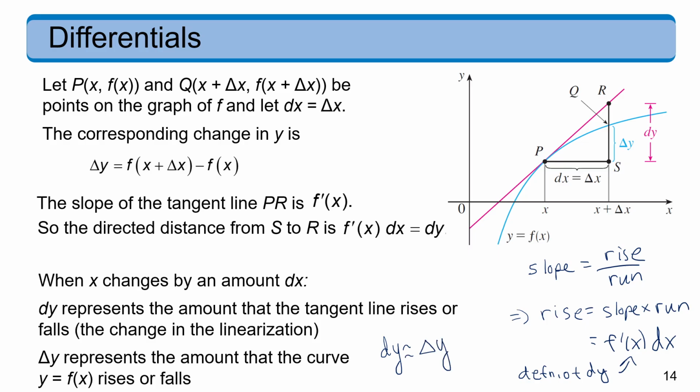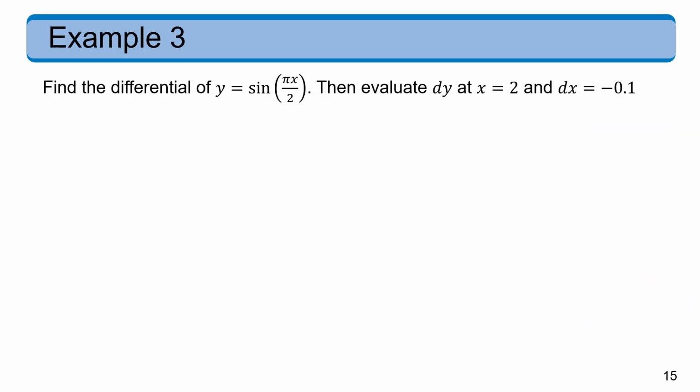usually easier to calculate. We're asked to find the differential of the given function y equals sine of pi x over 2, and then evaluate dy, which is the differential of y, at a given value of x and dx. So let's start by calculating the differential.